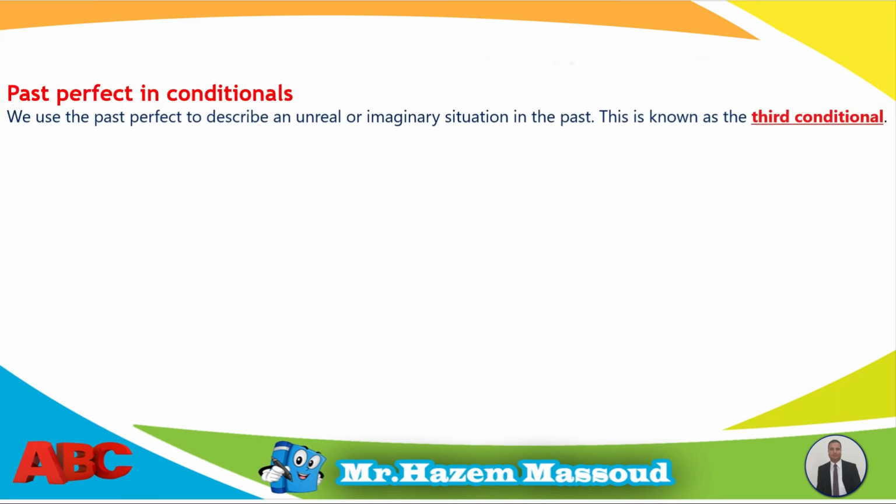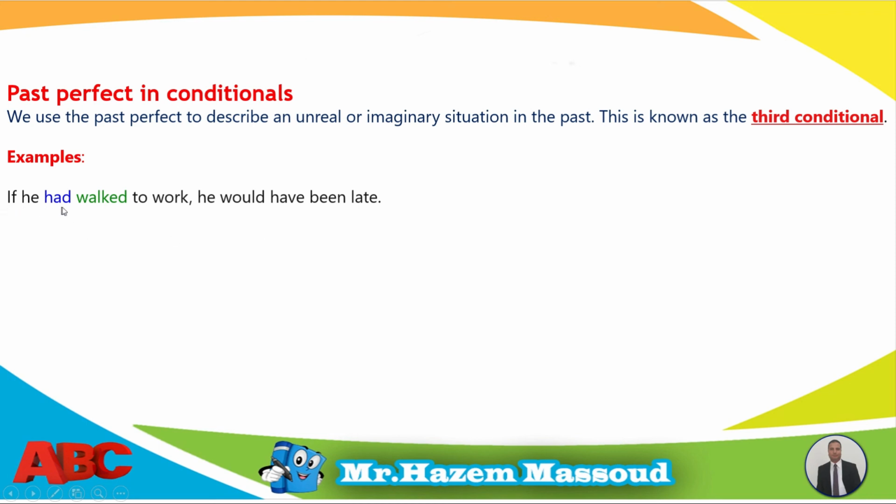In conditionals, we use the past perfect to describe an unreal or imaginary situation in the past. This is known as the third conditional. For example, if he had walked to the work, he would have been late.